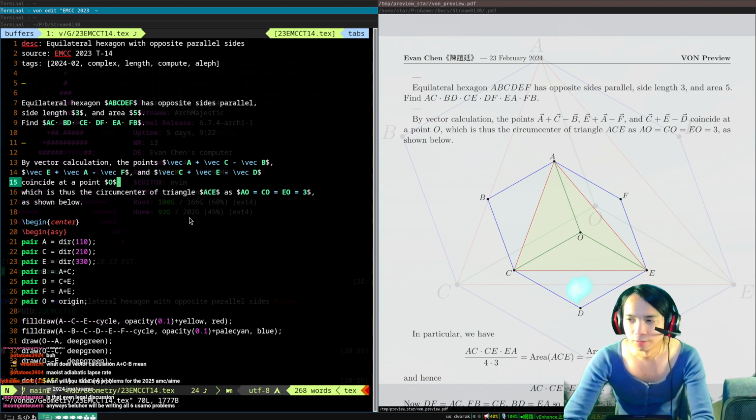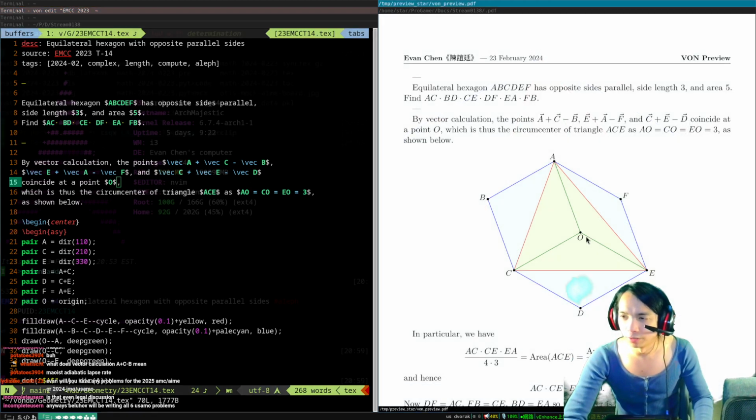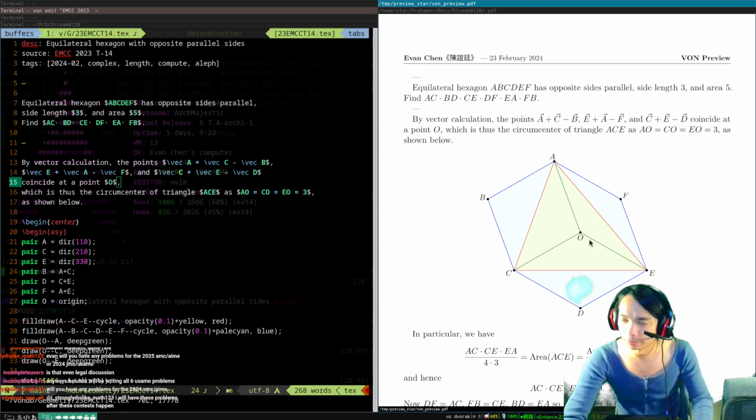But one thing you can do is define O as you take A and then shift it by the vector C minus B, equivalent to the vector E minus F, and then that will coincide with... It's like AB, BC, CD, DE, EF, FA are these vectors, they're unit vectors with something.